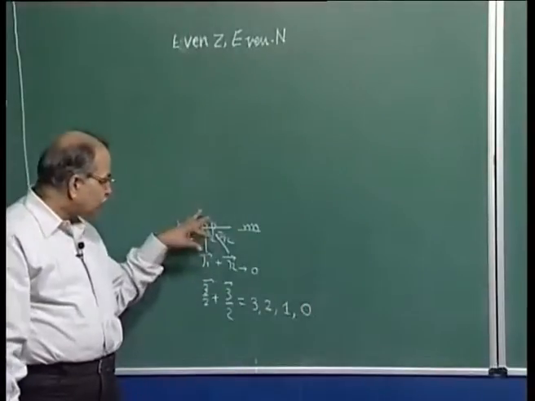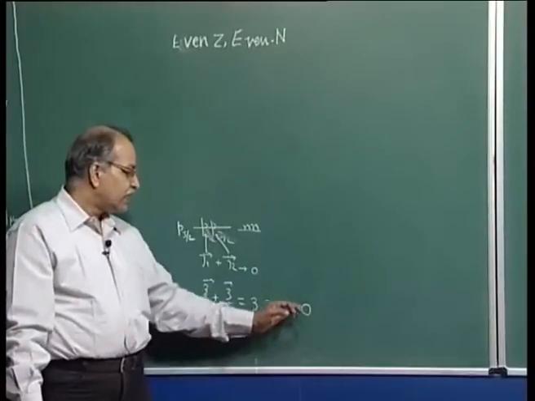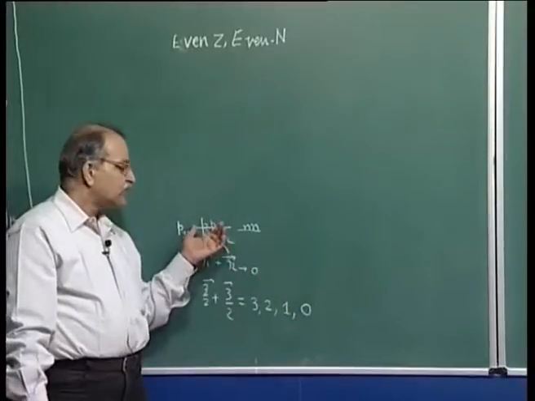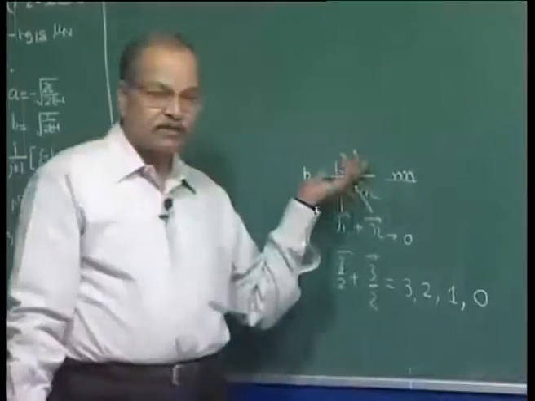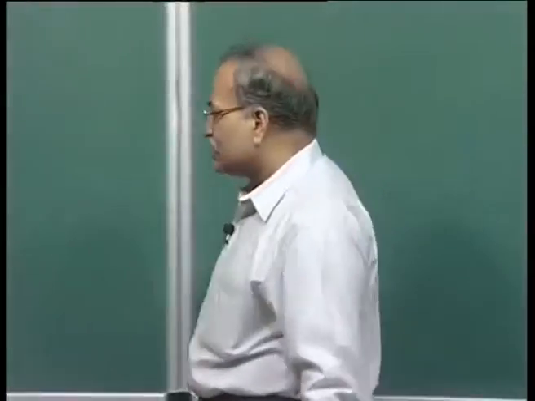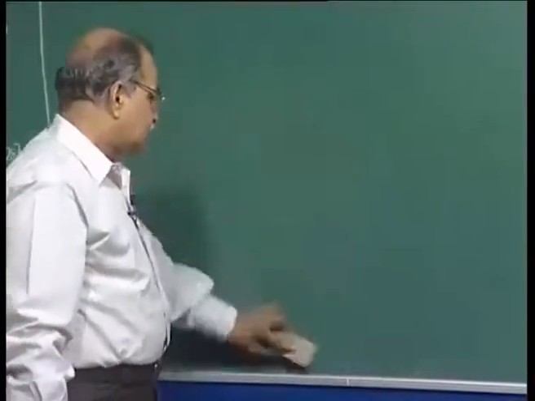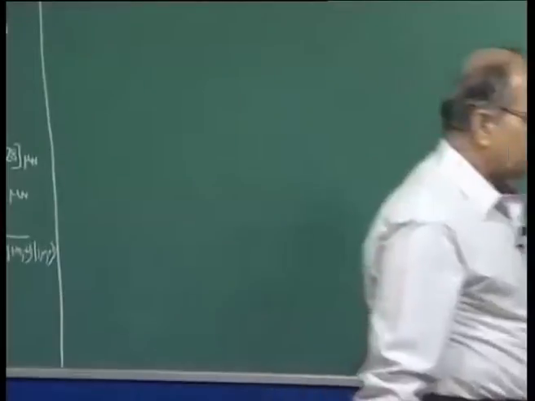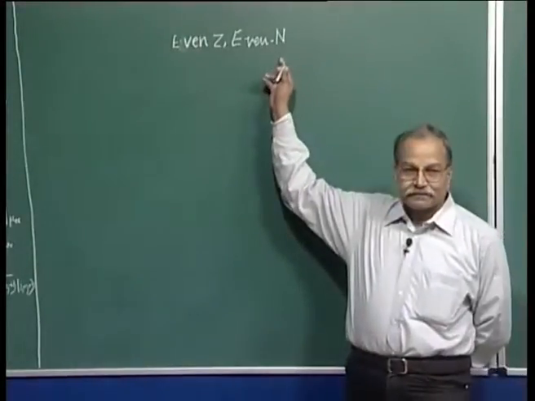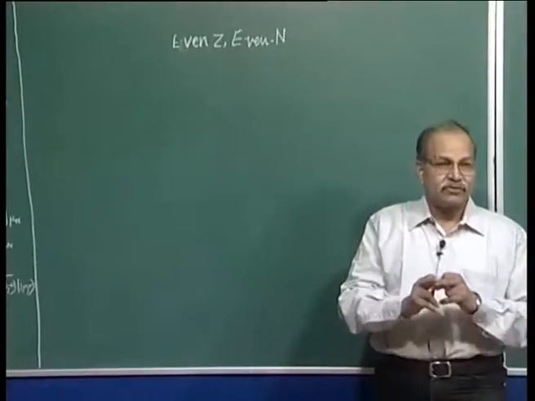So, their Z components are just opposite each other, that is also 0, and therefore the magnetic moment coming from this pair is also 0, right. So, when the nucleons are paired, each pair contributes 0 magnetic moment, and this is even Z even N, so the total magnetic moment of this nucleus is also 0.